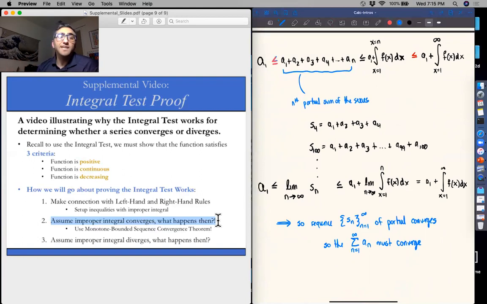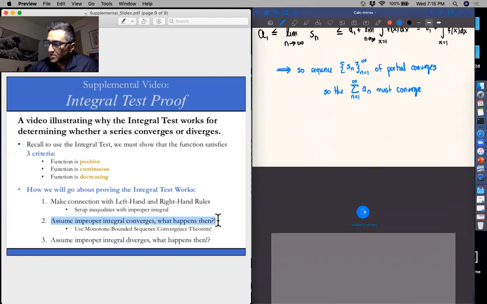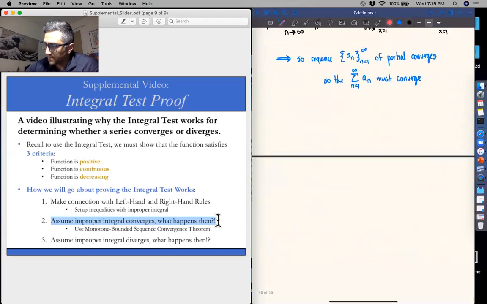So we figured out why, when the improper integral converges, our series also converges. Now we just have the other case to consider. What if that improper integral diverges? What is the consequence for our series in that case? So let's go to number 3. In number 3, we're going to assume now that the improper integral diverges.